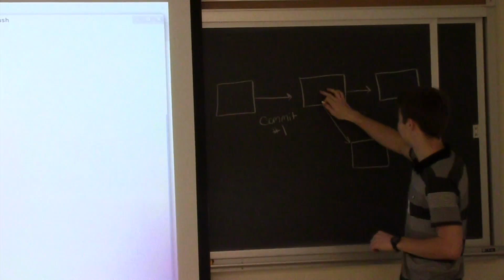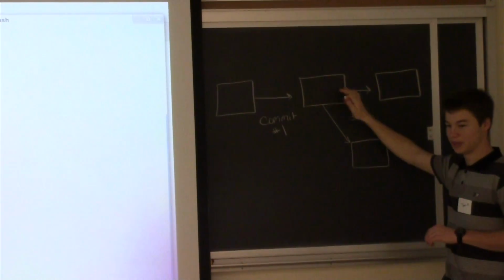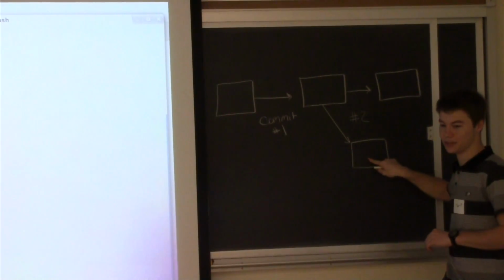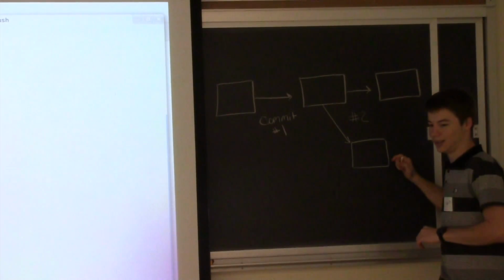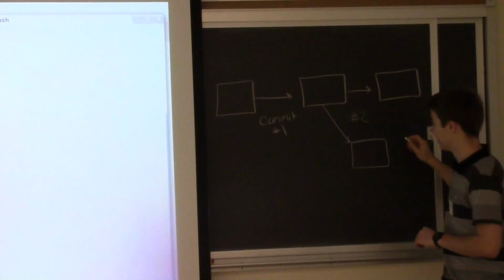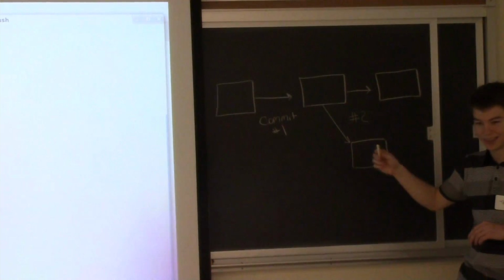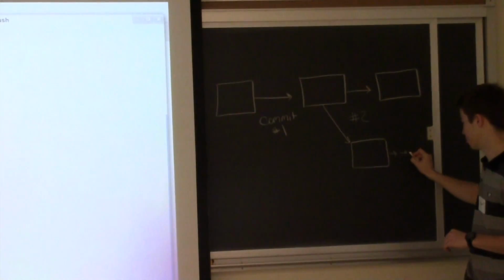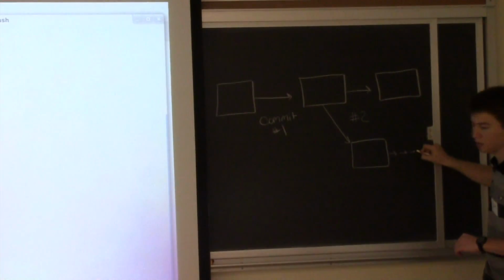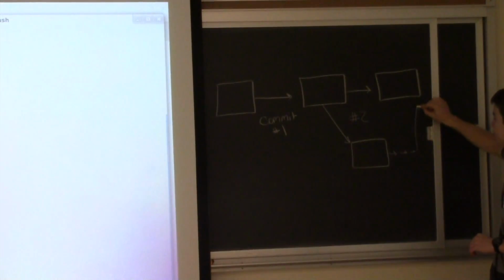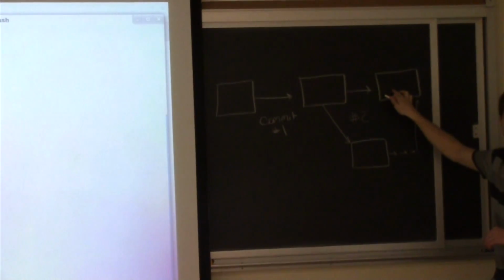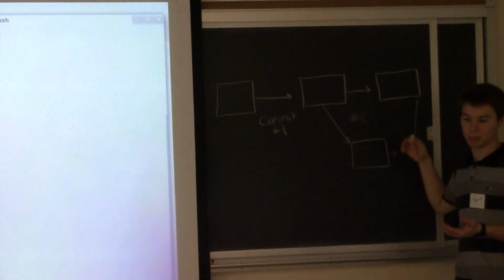So that means changes you do here, commits you do here, aren't going to impact commits you do here. And then later, when you're done with these changes, and maybe you have multiple in here, you can what's called merge those changes back into your main, what's called master branch.